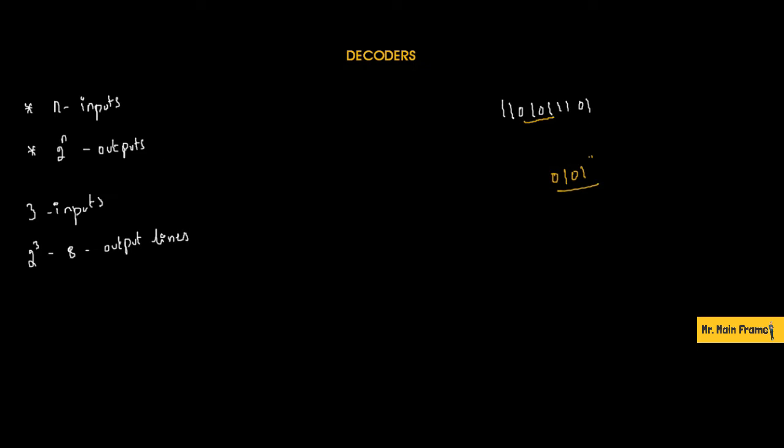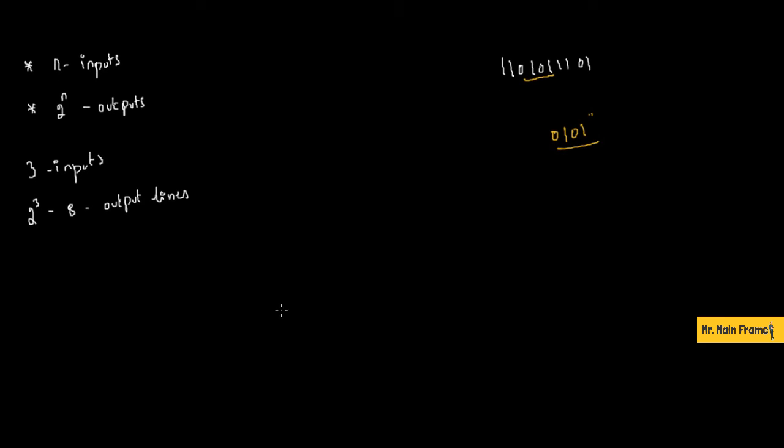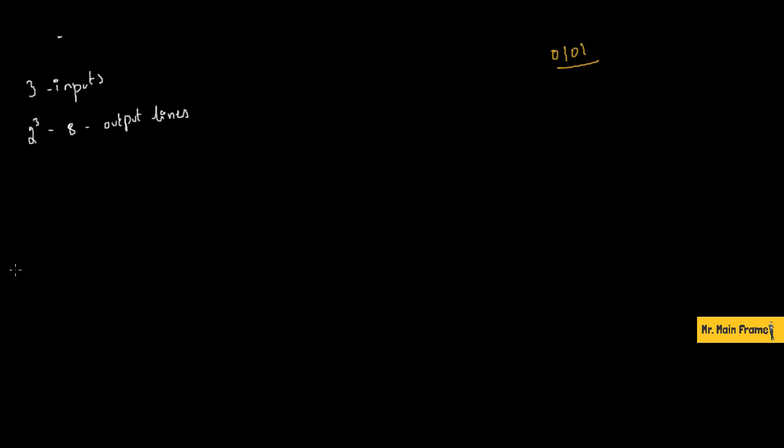So let's see what a decoder can do, and we can design a basic binary decoder now. Write here: basic binary decoder. This information I obtained from Digital Fundamentals by Floyd.